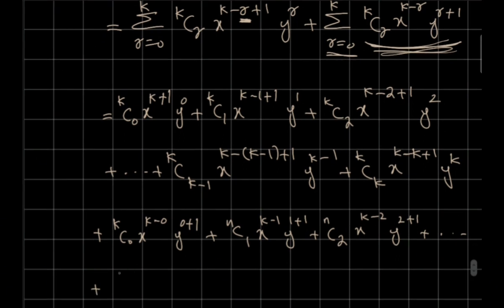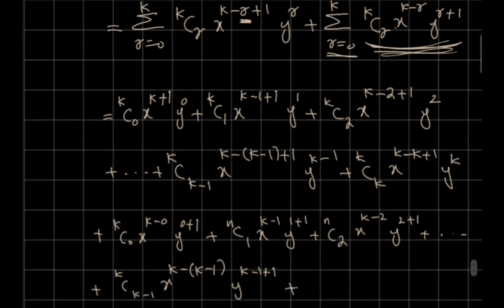So you will get kC(k minus 1) x to the k minus 1 y to the k minus 1 plus 1. Now put r is equal to k. You will get kCk x to the k minus k y to the k plus 1.